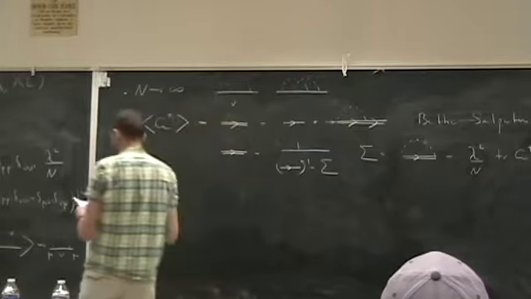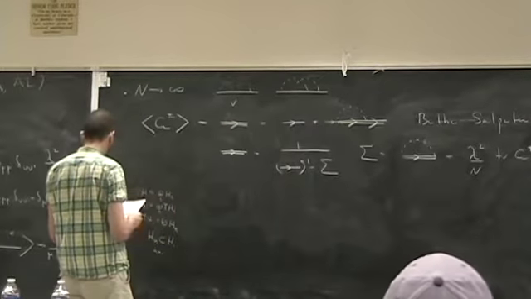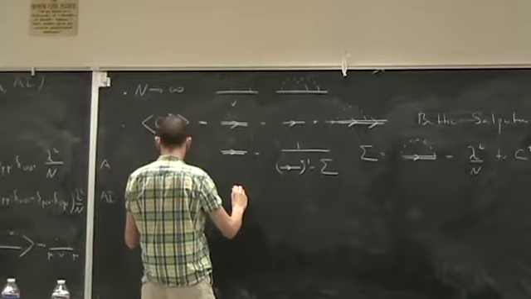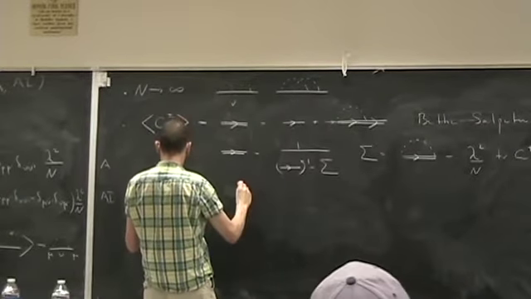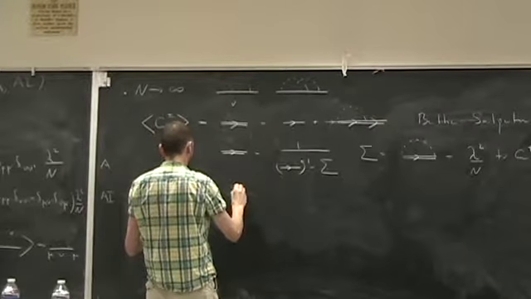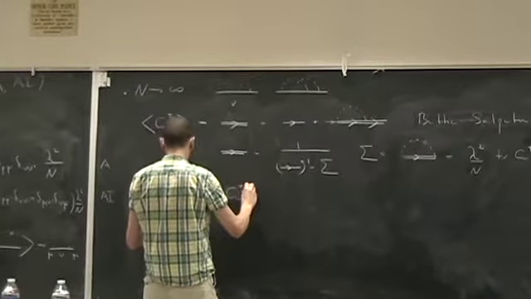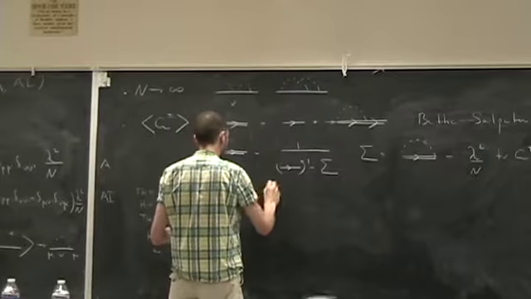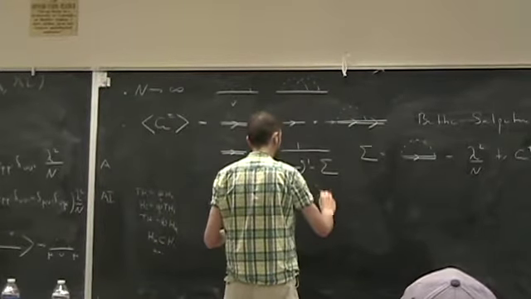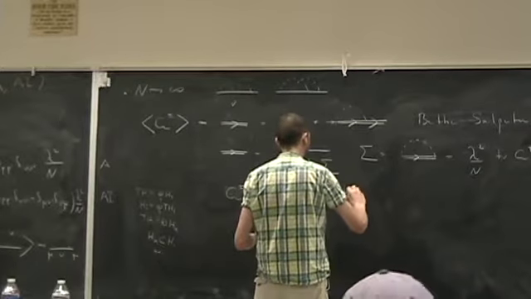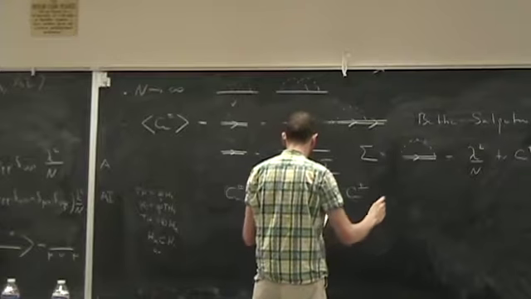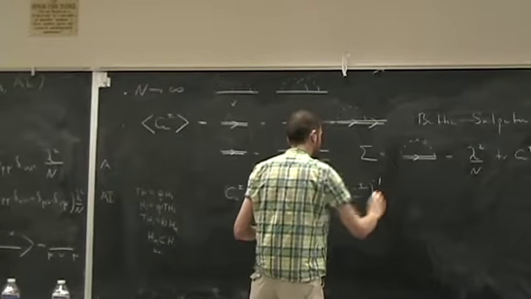So if we trace over this, what we obtain is that we can put it like this: G plus minus equals E plus minus, lambda squared, minus 1.